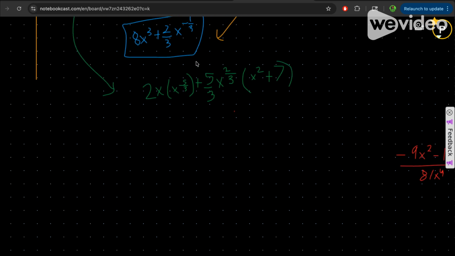So the first term is 2x times x to the 5/3. Since we just add the exponents, 1 plus 5/3 is 8/3, so 2x to the 8/3, plus 5/3 x to the 2/3 times x to the second. So again, we just add the exponents. So 6/3 plus 2/3, which is also 8/3.